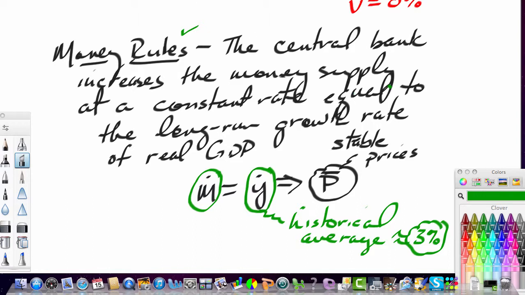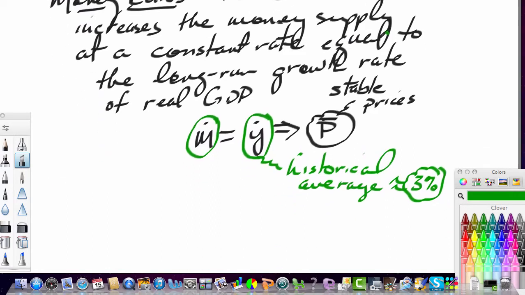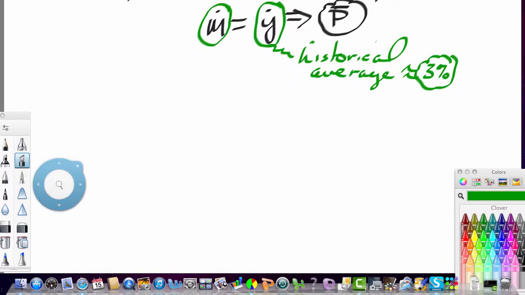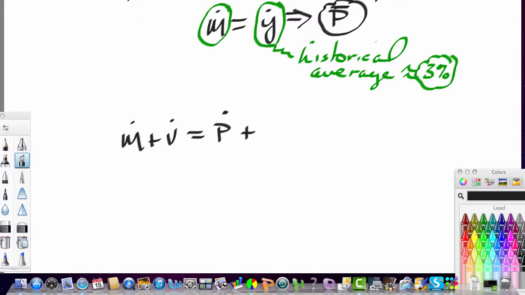All right, so let's set up a little problem that will give us some insight into how this would work. Again, we go back to m dot plus v dot equals p dot plus y dot. This is again the equation of exchange.